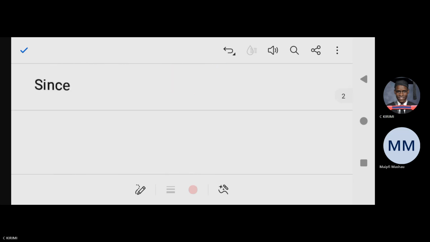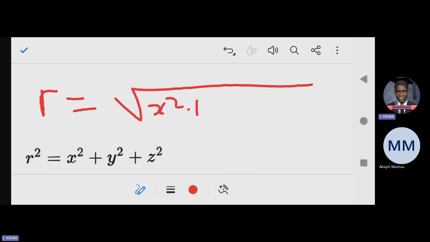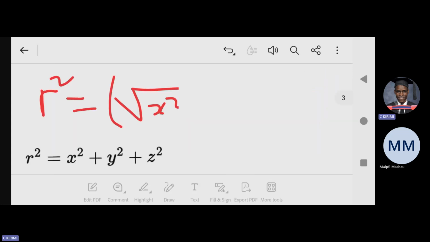Now it's sorted. Then since r squared, remember from our radius in 3D, we said it's the square root of x squared plus y squared plus z squared. If I want r squared, I square both sides: the square root vanishes on this side, and on the left-hand side r squared is the values without the square root sign.